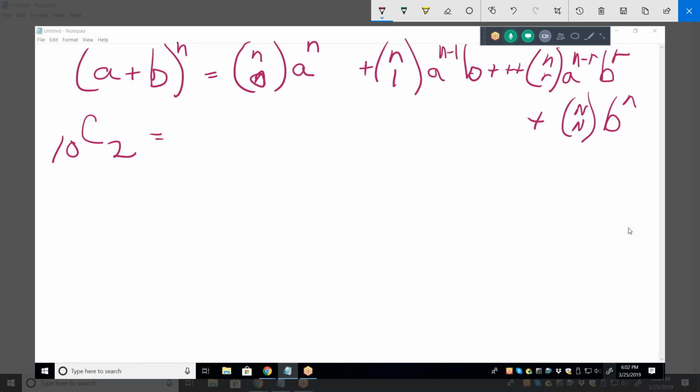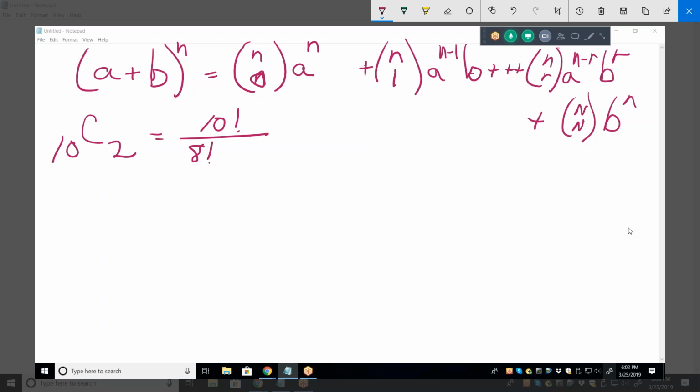Okay. So this is not going to be terribly useful if it's just you putting it into your calculator. Here's what I would do. It's 10 factorial. I think it's important that you learn this. So what's the denominator? What's n minus r? Is it 8 factorial?